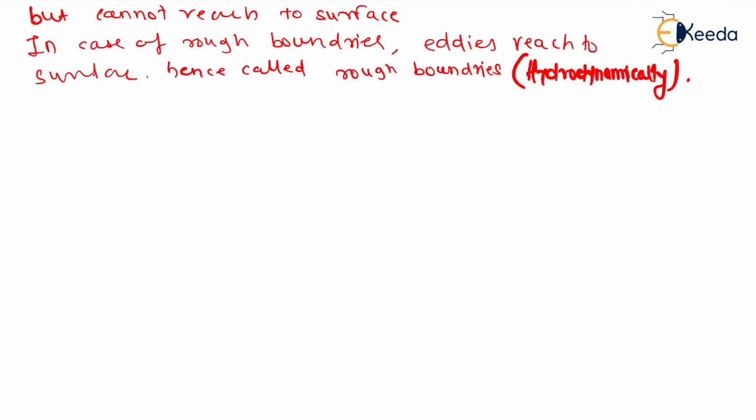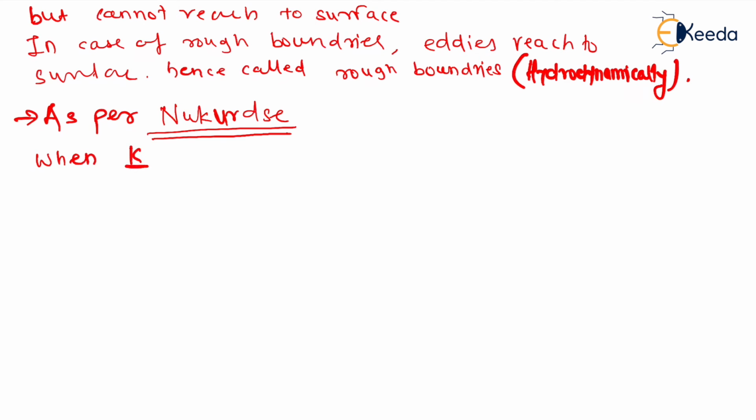For that purpose various scientists have practically taken some values, and their results are available. According to the scientist Nikuradse, when the k upon del value, where k is the laminar sublayer zone thickness and del is the boundary layer thickness, is less than 0.25, that is called a smooth boundary.